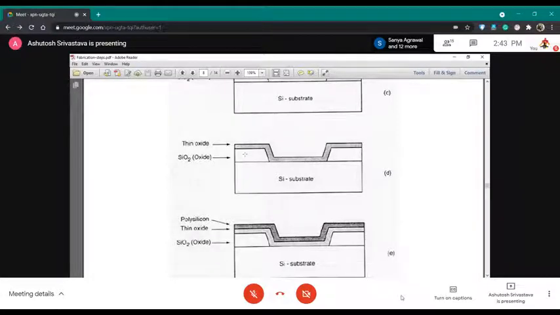So this oxide is for isolating the transistor on either side, either this side or this side. So this is basically at a later stage what you will call as the thicker field oxide. So it is isolating one transistor to the next one. So these are all two-dimensional representation of a three-dimensional structure.